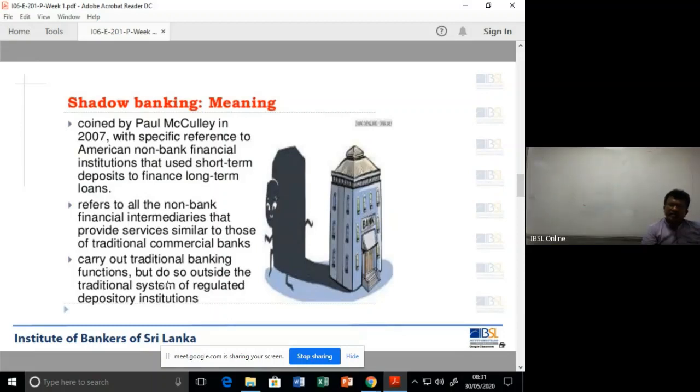Banks target another market. Banks are highly regulated. Before 2016 in Sri Lanka, the microfinance area was not properly regulated. So shadow banking refers to areas which are not highly regulated like commercial banks. This is what is said by the third bullet: carry out traditional banking functions, but not so regulated.